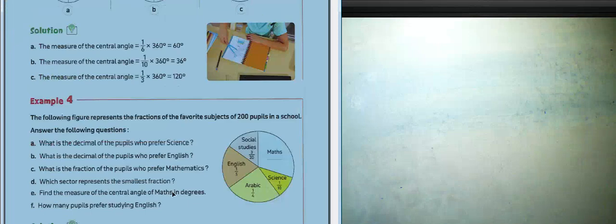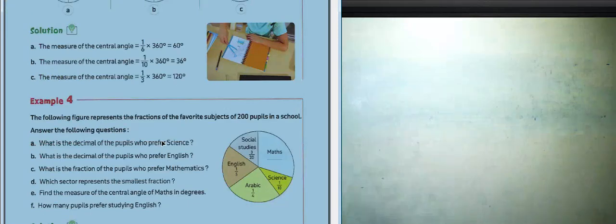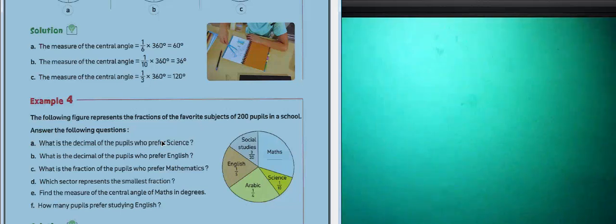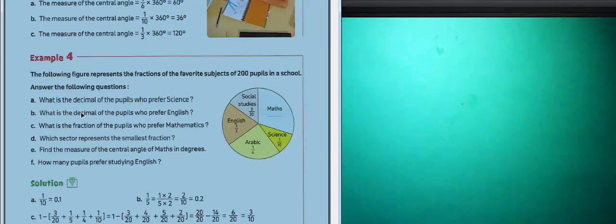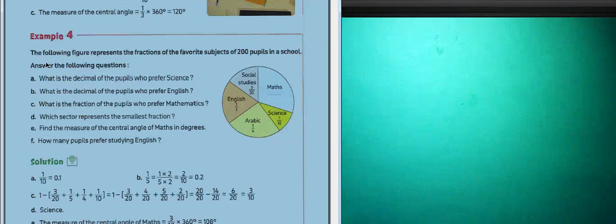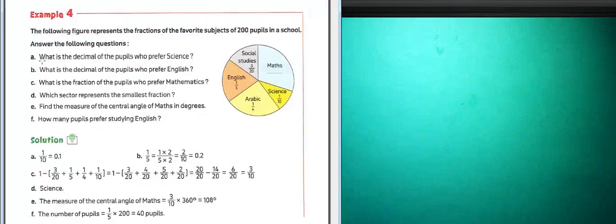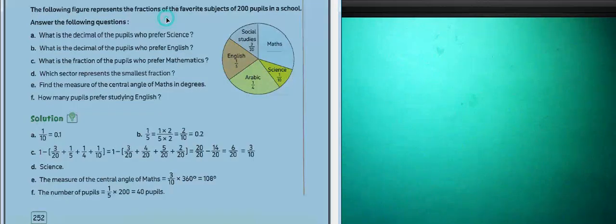Example number 4. The following figure represents the fraction of the favorite subjects of 200 pupils in a school.